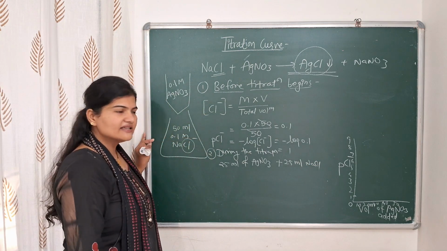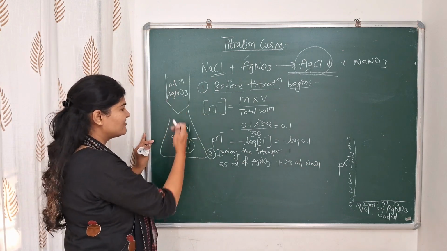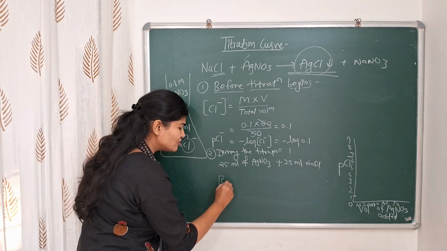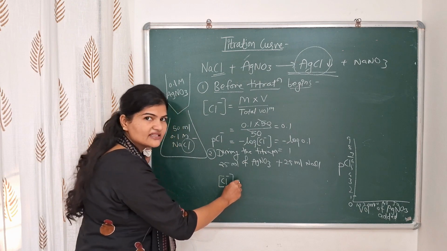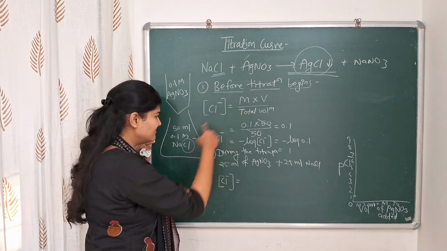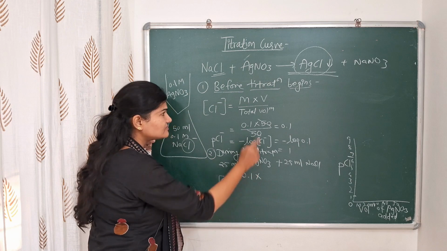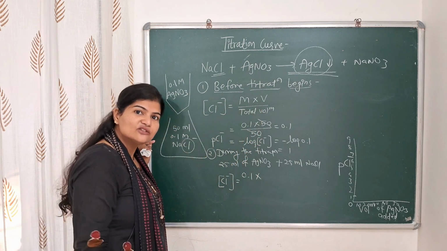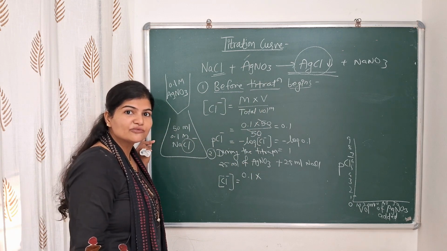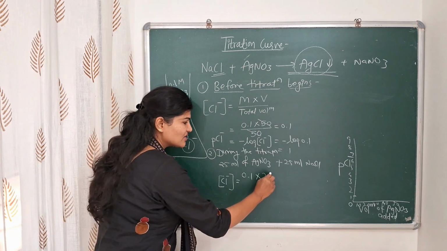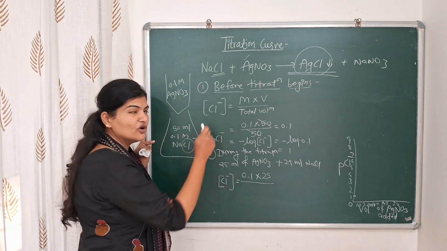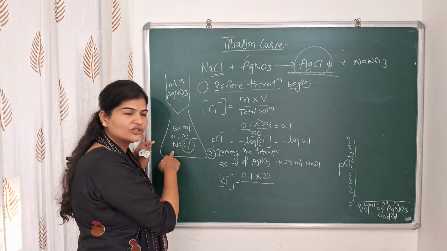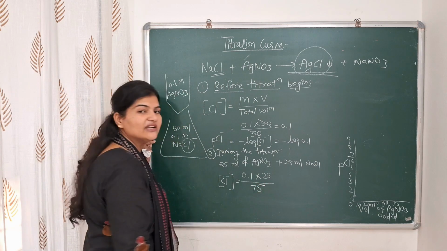If I now want to calculate the concentration of chloride ions, I will use the same formula. Molarity will not change, so 0.1. For the volume of chloride ions, 25 ml of NaCl has been consumed, so only 25 ml is left. I will take 25 here. The total volume is 50 ml of NaCl plus 25 ml of added AgNO3, so the total volume has become 75 ml.